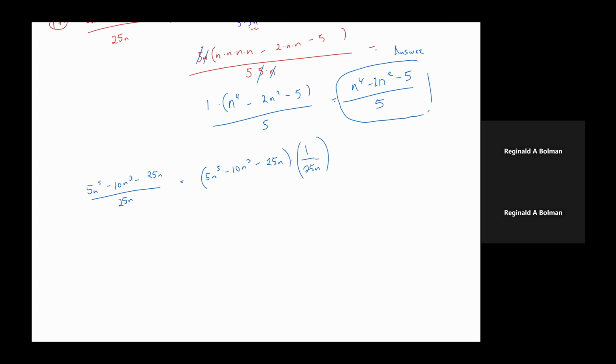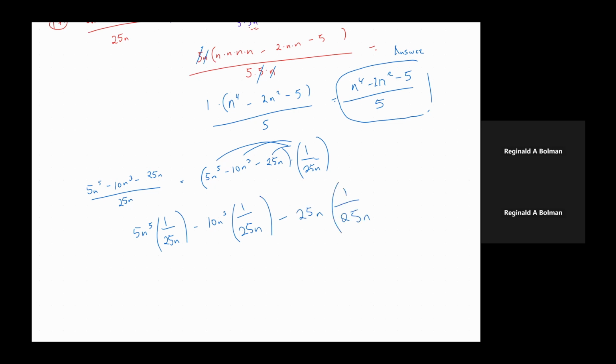And then we're going to distribute this 1 over 25n to all of the terms inside of our parentheses using the right-handed distribution. So we've got 5n to the fifth times 1 over 25n minus 10n cubed times 1 over 25n minus 25n times 1 over 25n.